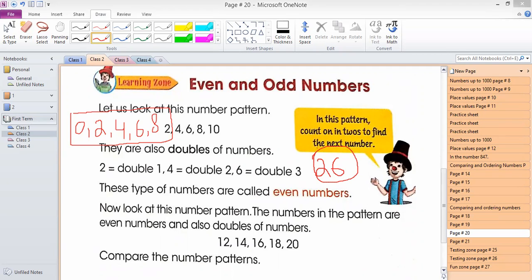Because the last digit is 6, and 6 is an even number, or 6 comes in the table of 2. Okay, that's very good. So exactly, guys, 26 is an even number. As Abdul Rauf said, the last digit is 6 and 6 comes in the table of 2. That's why it is an even number.